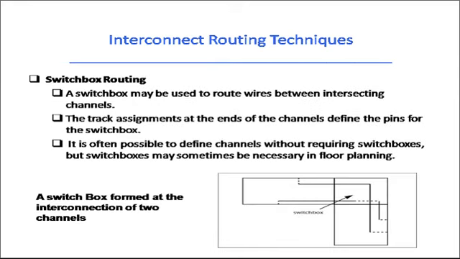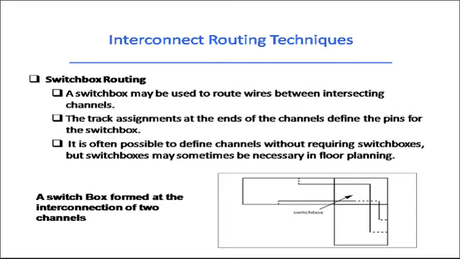There is another method of routing also, that is switch box routing. A switch box may be used to route wires between intersecting channels. Whenever we study the FPGA architecture, we will come to know what these channels are.